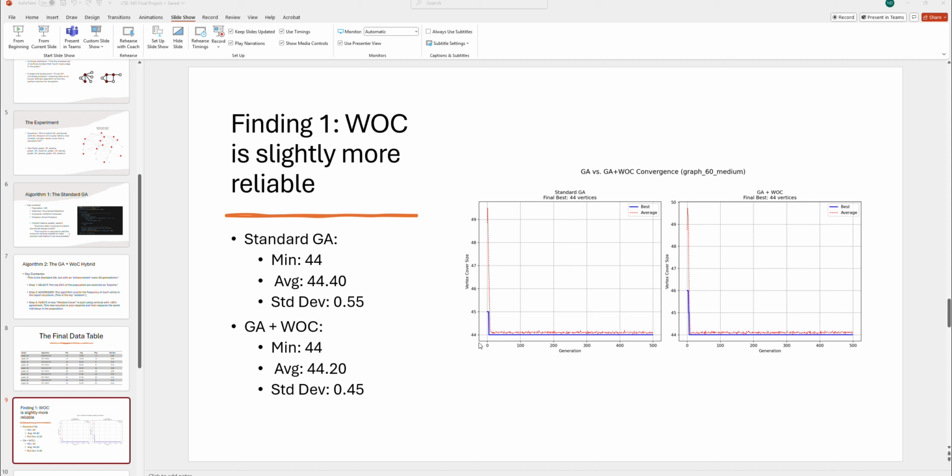This is a clear win for wisdom of crowds in terms of consistency and average performance. It's the algorithm you would trust to give you a good, reliable answer every time. But I would want to mention that both are capable of finding the same high quality solution.